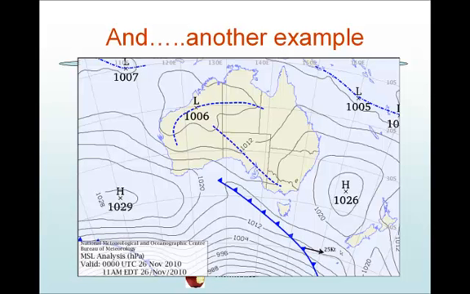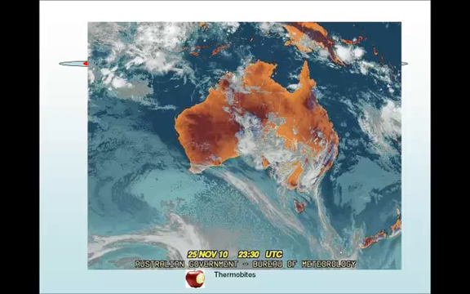Again, there's the subtropical ridge, and there's a large front extending up from the Southern Ocean. Here's the satellite image now, and you can see the convective cloud in the Pacific Ocean associated with that trough, the convective cloud associated with the trough over southern Australia, the cloud band associated with the front, and behind it that speckled cloud, which is the cumuliform cloud.